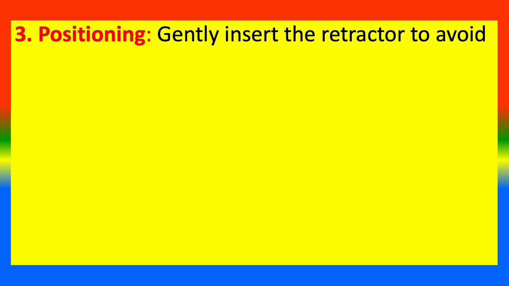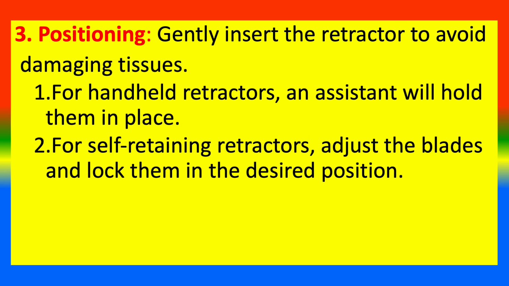Positioning. Gently insert the retractor to avoid damaging tissues. For handheld retractors, an assistant will hold them in place. For self-retaining retractors, adjust the blades and lock them in the desired position.